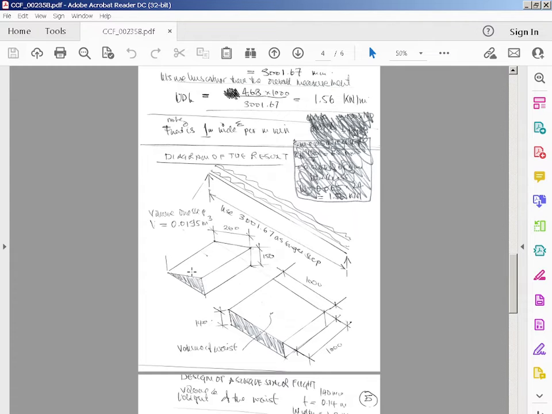It doesn't say anything about formwork. That's what it looks like: 260 tread, 150 riser, and this is not to scale.